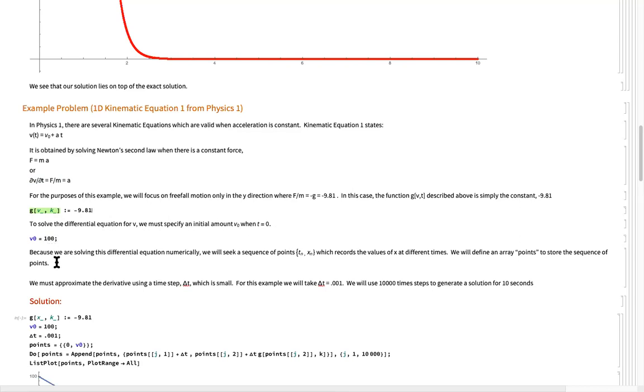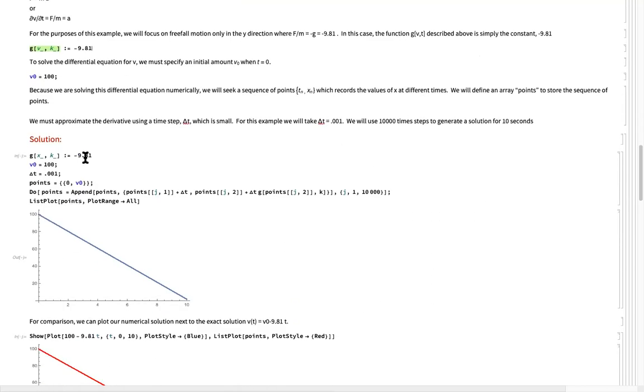So here's our initial value, or I rewrote it all down here. Here's my function g, here's the right-hand side of that differential equation. And then I specified my initial velocity, and I specified delta t. And again, I just took it to be some small number. I'm going to go ahead and store the initial conditions into the array called points.